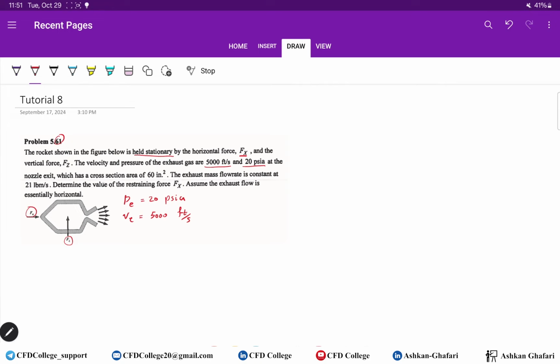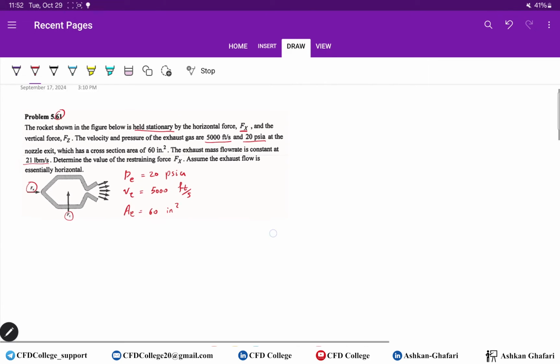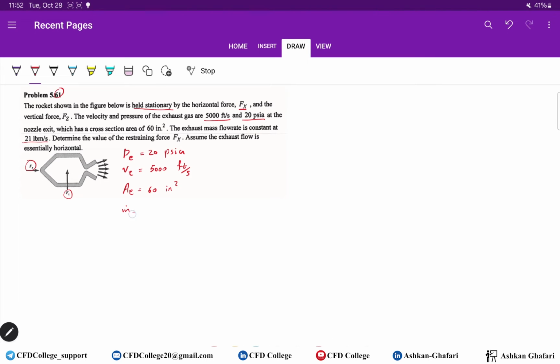The nozzle exit has a cross-section area of 60 inches square. So the area is 60 inches square. The exhaust mass flow rate is constant at 21 lbm, pound mass per second.